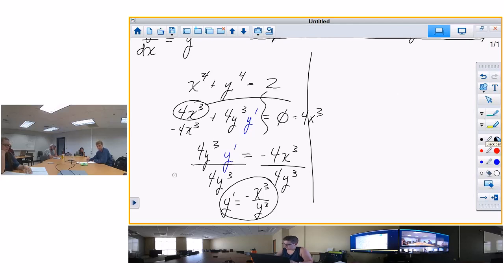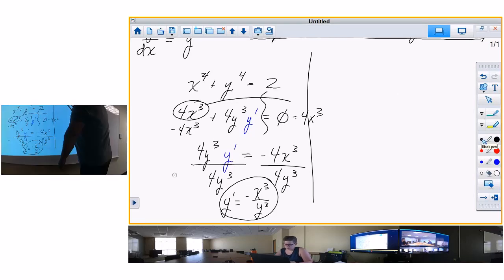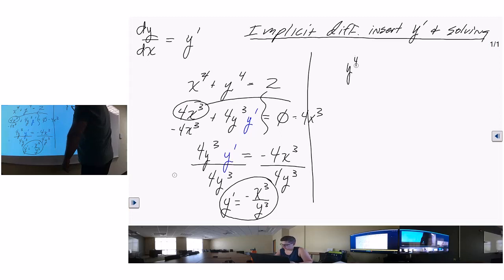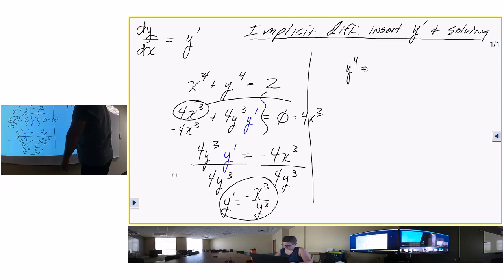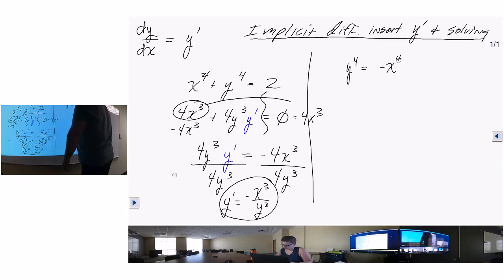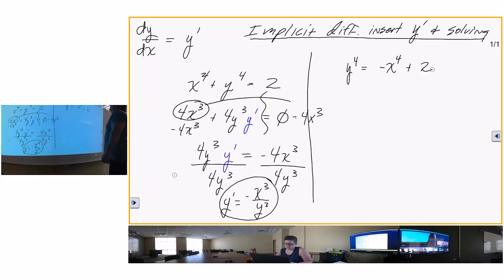Question. And you could, y to the fourth is equal to negative x to the fourth plus 2. With me? Right?